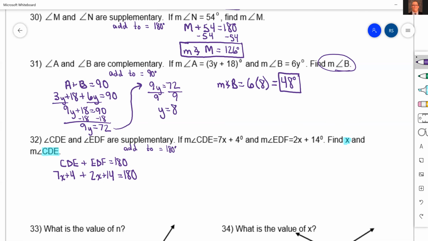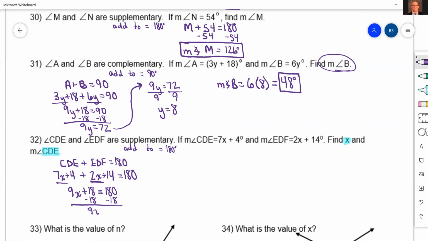Well, I've already got my equation set up to find x. So let's start by combining our x's. 7x plus 2x is 9x. 4 plus 14 is 18. Altogether, that gives you 180. Subtract 18.